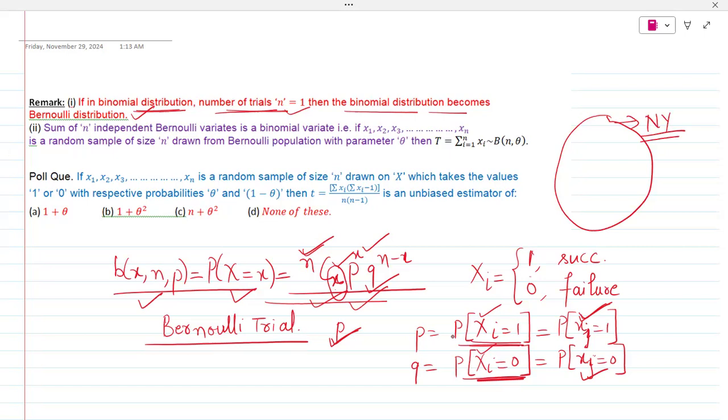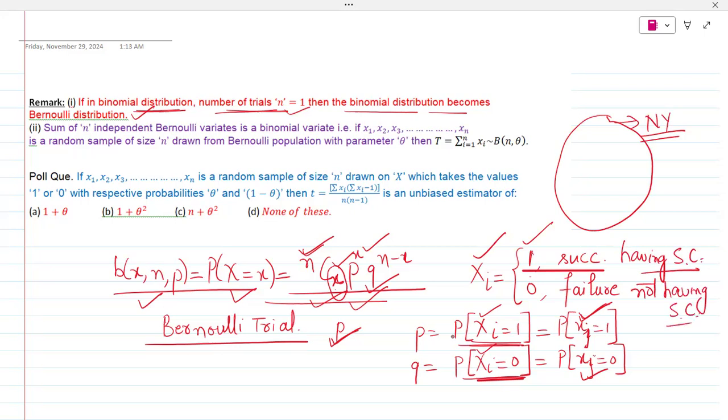Now if the citizen has a sports car, I say this is my success, that xi takes the value 1. And if they don't have a sports car, then xi takes the value 0. Here, having SC stands for having a sports car, and here, not having a sports car.